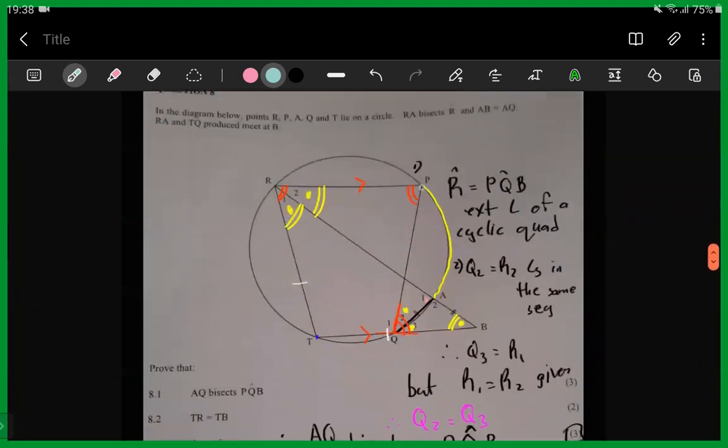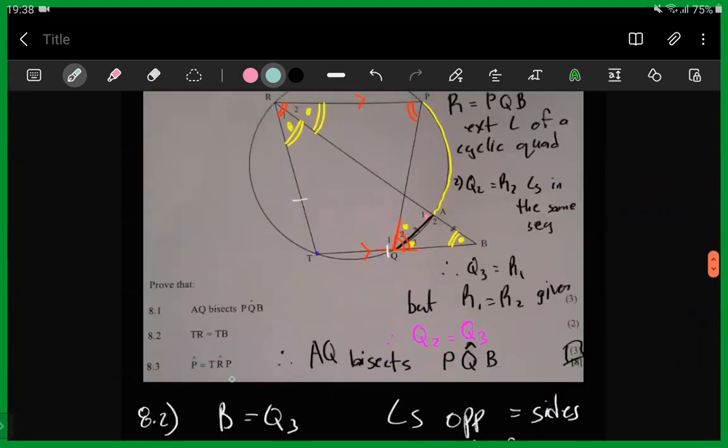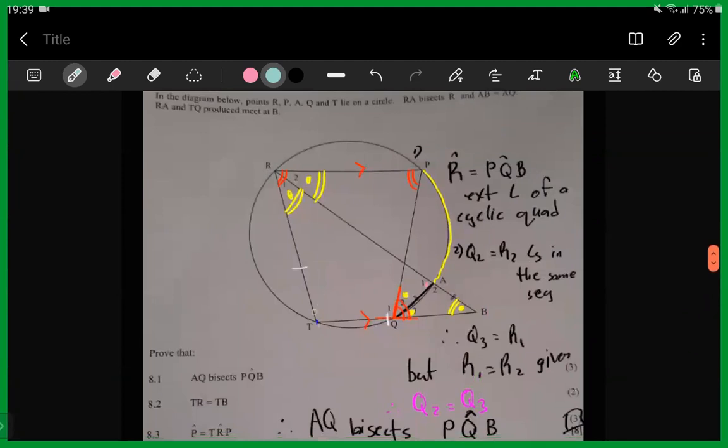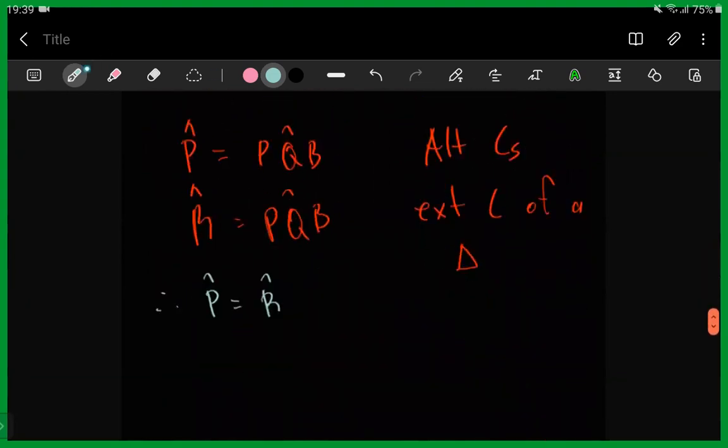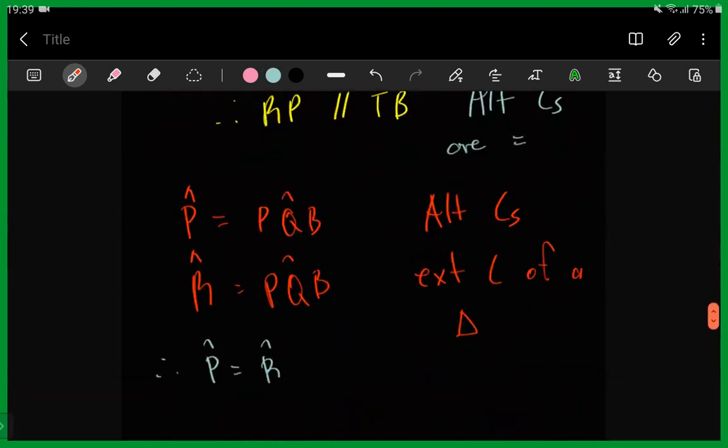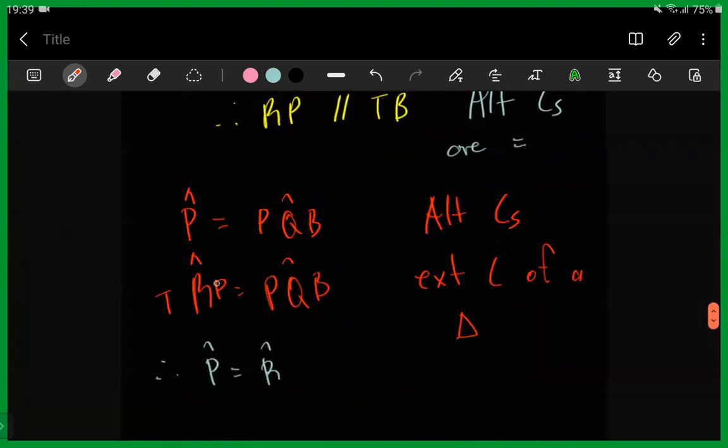The P here is equal to the R there. Here we can write it as TRP, which is what they want us to do.